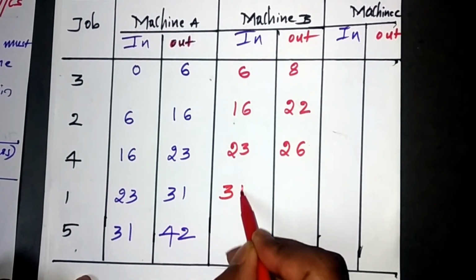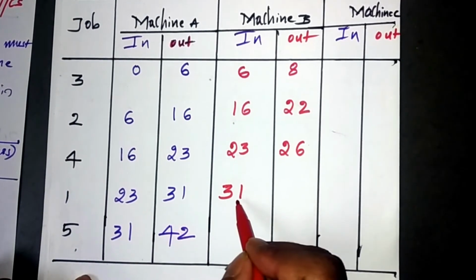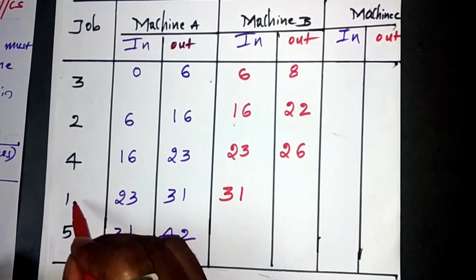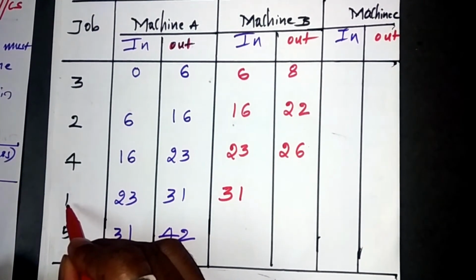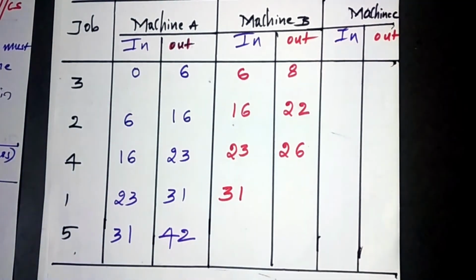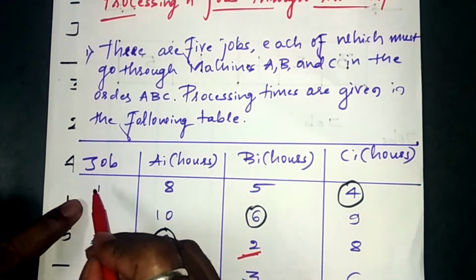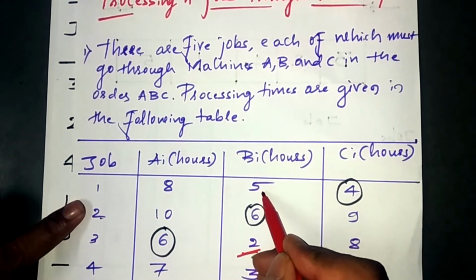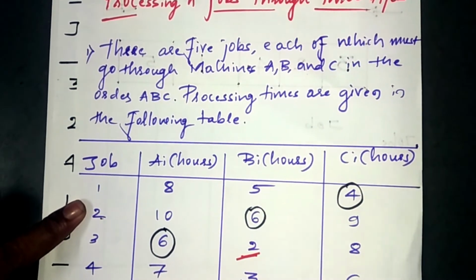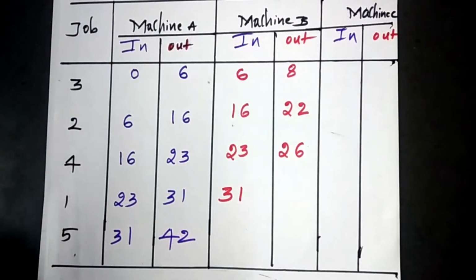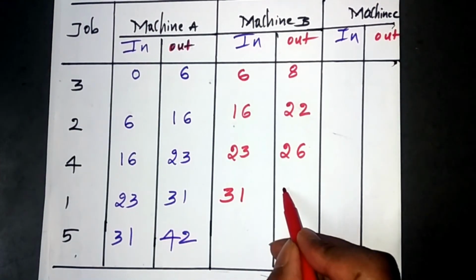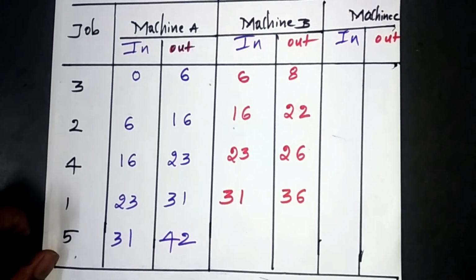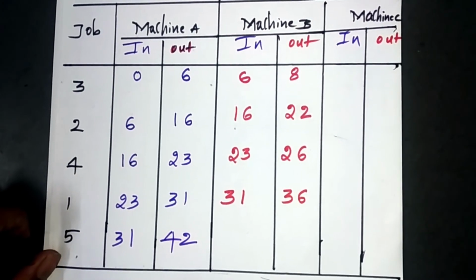So 31 is the maximum number, and I'm going to write it as the in time for job number 1 on machine B. Next we will see the timing for job number 1 on machine B. It requires 5 hours of processing time. So I need to add these 5 hours to this in time. When I add 5 hours to this 31, I get 36 as the out time. So at 36 hours, job 1 is going to get processed on machine B.